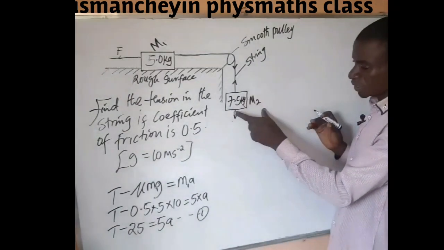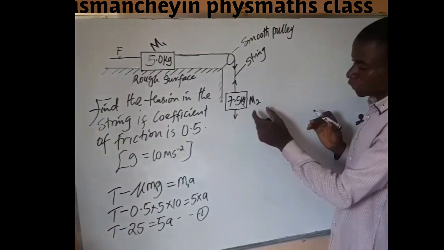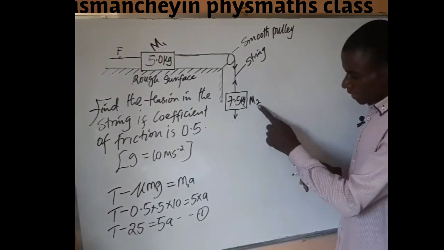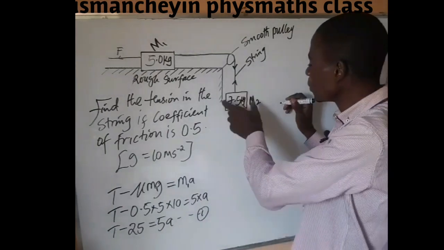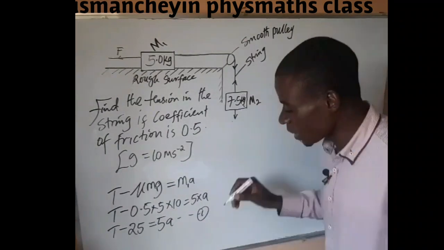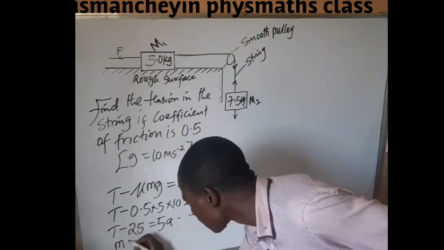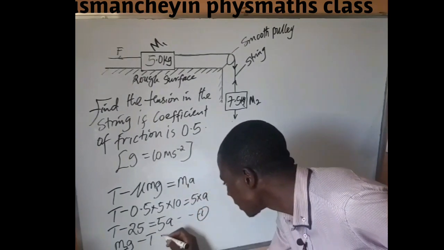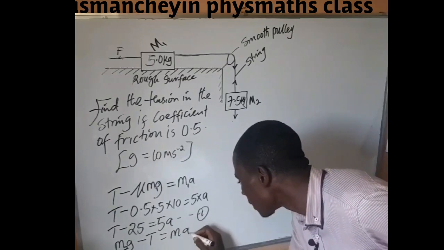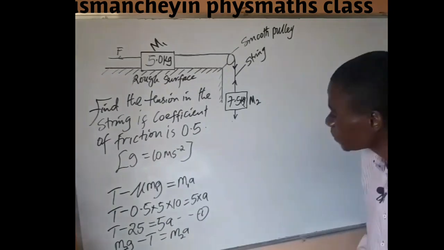So let us then concentrate on M2. On this M2, for us to be able to find the tension, the frictional force is no longer there, so we have mg, which is M2 now, minus the tension, equal to ma, where the mass is M2.